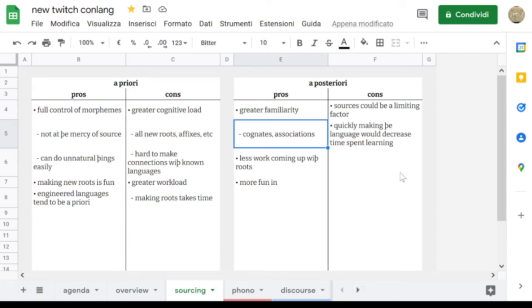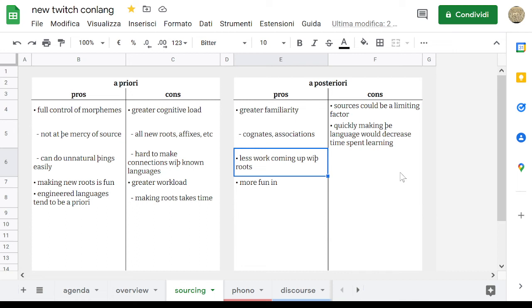If I borrow, let's say I'm not thinking of doing this necessarily, but let's say I take the language from Latin or something, there would be cognates with Romance languages I'm familiar with, like Italian or French or Spanish. So if I'm going to forget the word in this language for person, I would think, is it related to the Italian word for person? And that will help me remember it.